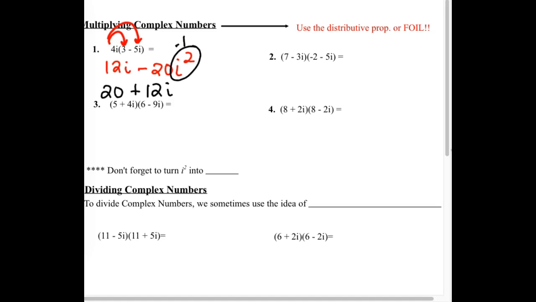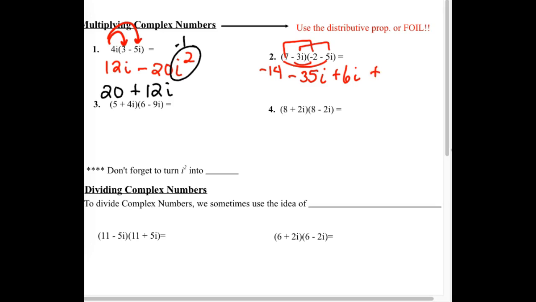All right, notice there are no i squareds left in our answer. For the next three, we are going to need to FOIL. First times first, 7 times negative 2 would be negative 14. Outsides would give me negative 35i. Insides would get me a positive 6i. And what do I get for last? We have a negative times a negative.